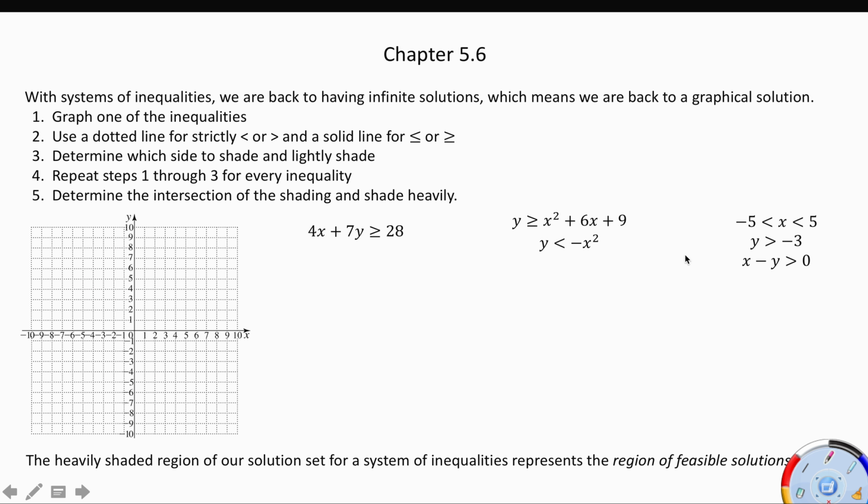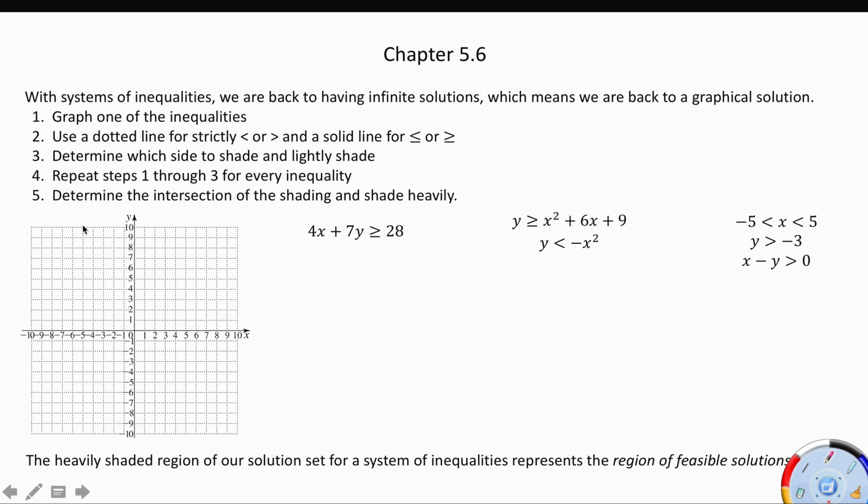All right, let's try it again. We can have multiple 3, 4, 5 equations, so it's usually best to keep up with your solution as you're going along. This one right here, recall how to graph that. That's saying x is in between negative 5 and 5. Note, it's going to be a dotted line.